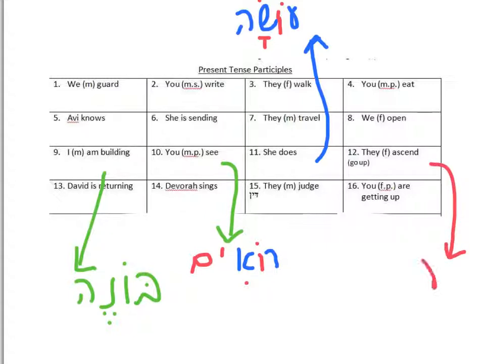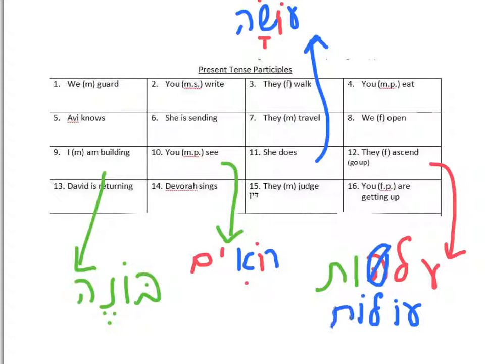So the shoresh is ayin, lamed, hey. Okay, and I try to add that ot suffix, and what happens? It would give the hey a sound. So my hey does not remain, it gets dropped, and it becomes olot, right? My o sound, my cholam, because it's a participle.